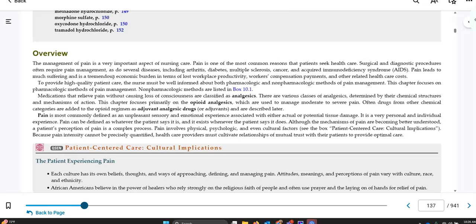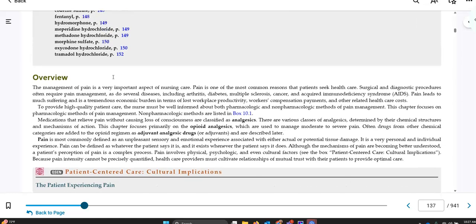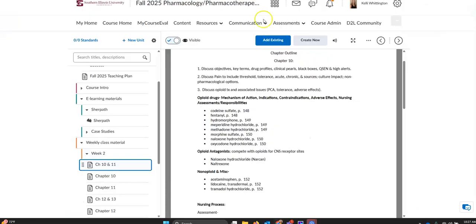I want us to get into our head that there are two basic groups of drugs in this chapter that deal with analgesia, and I've put up an outline if that helps you. The first group of drugs are our opioid drugs, and the second group of drugs are our non-opioid drugs.